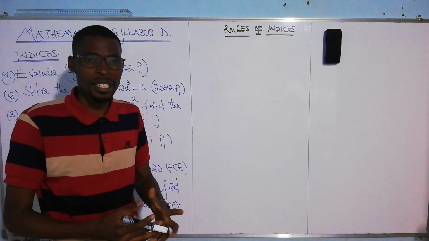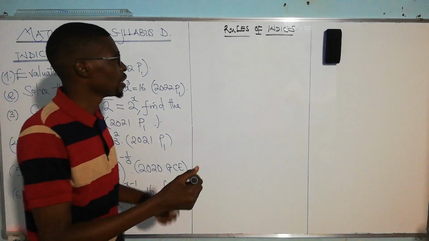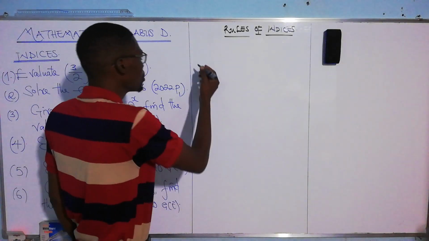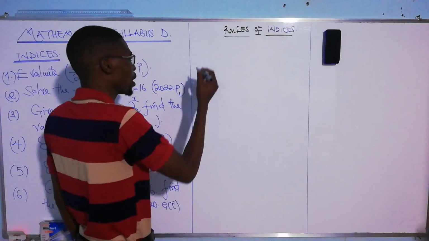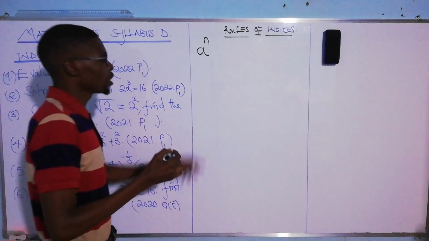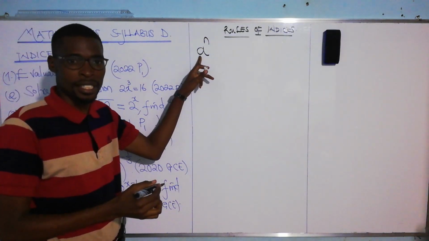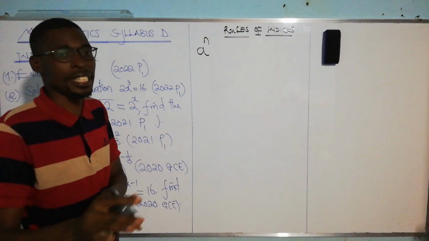So an index, whose plural is indices, is defined as a value or variable written in the form a to the power n. So this is called an index, and the plural of index is indices.